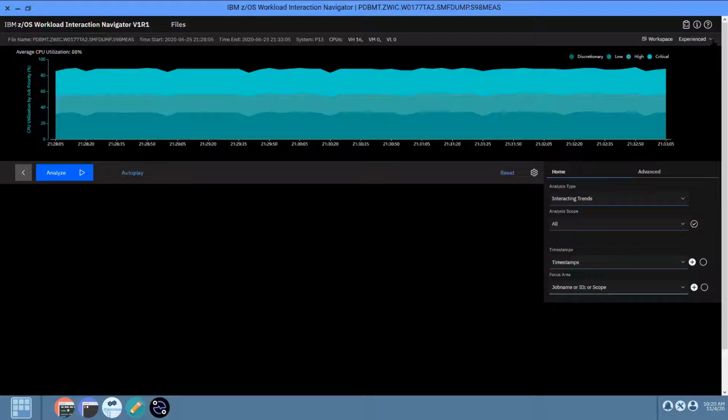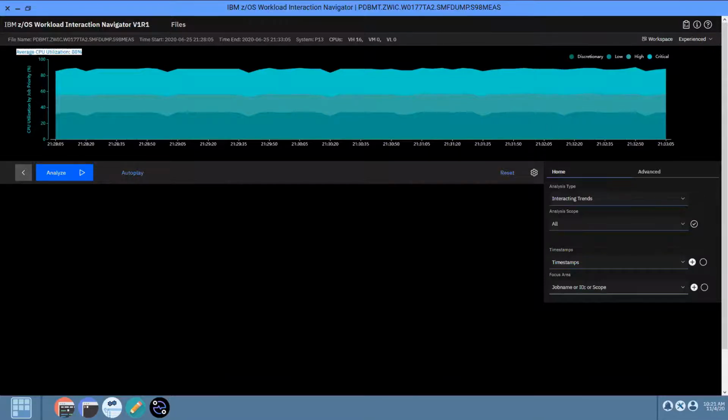So we can see here that we have critical job priority, high job priority and low job priority work presented as a stacked graph. And the top of this graph represents the CPU utilization across all of those job priorities. There's no discretionary work in this workload.